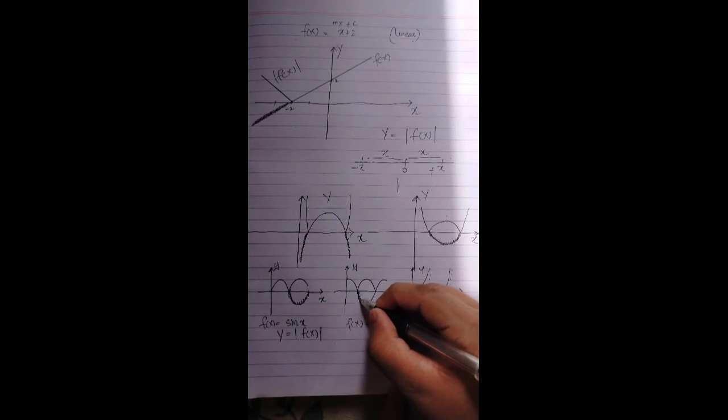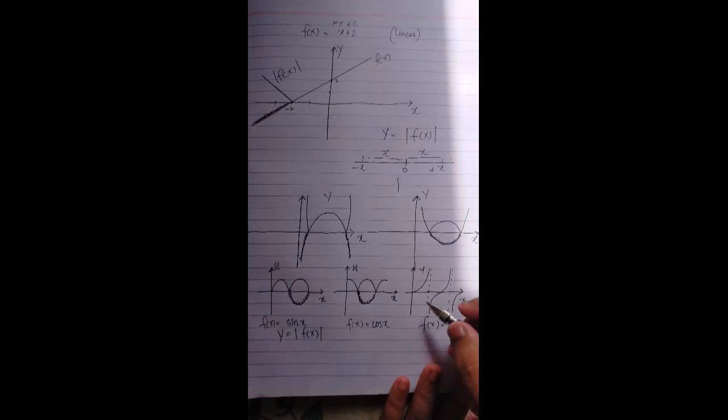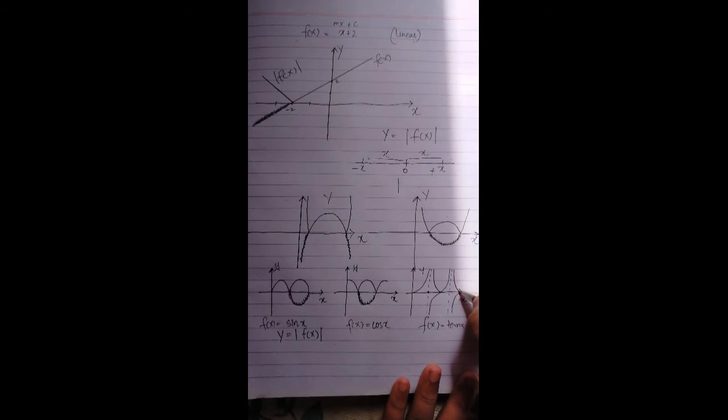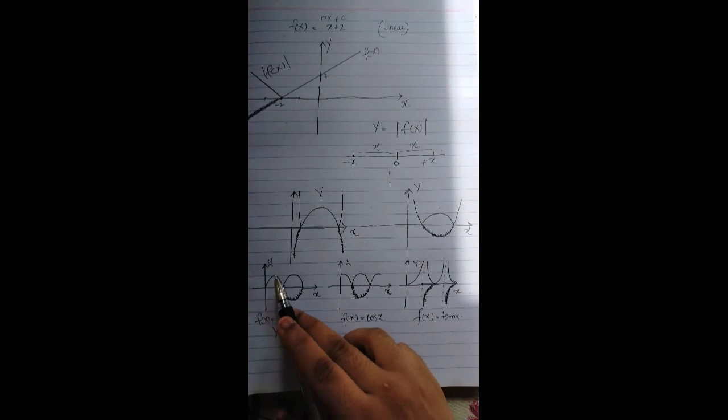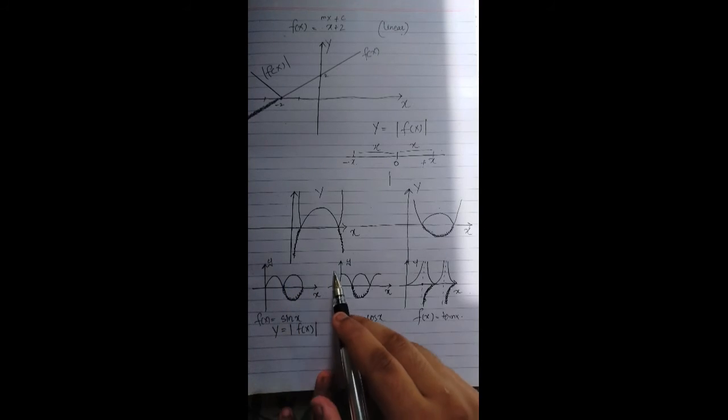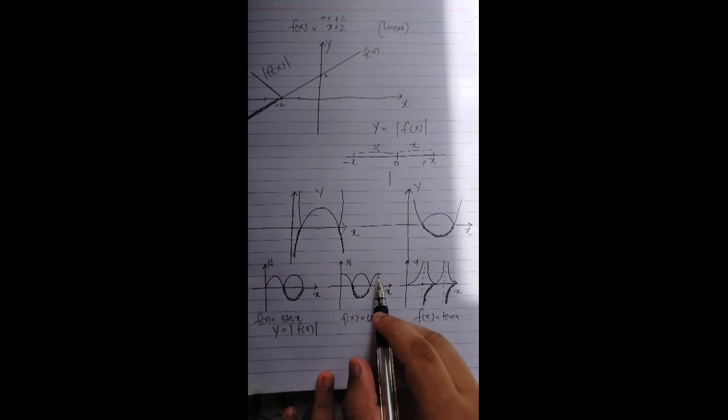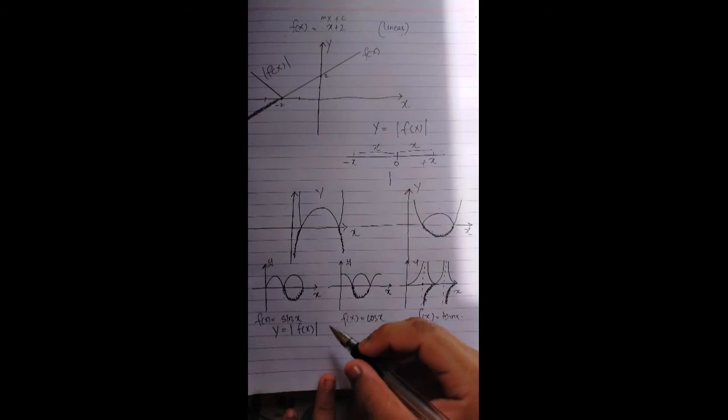This is the modulus graph of cos of x. This is reflected about the x-axis. This is also reflected about the x-axis. So these are the final shapes of the graphs of the modulus function of the trigonometric ratios sine, cos, tan.